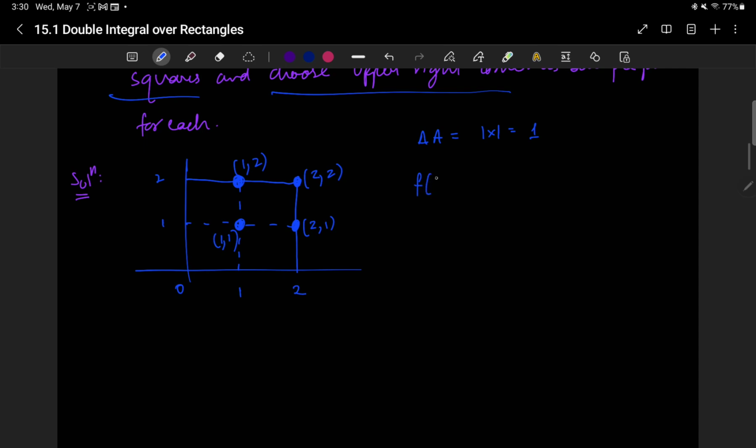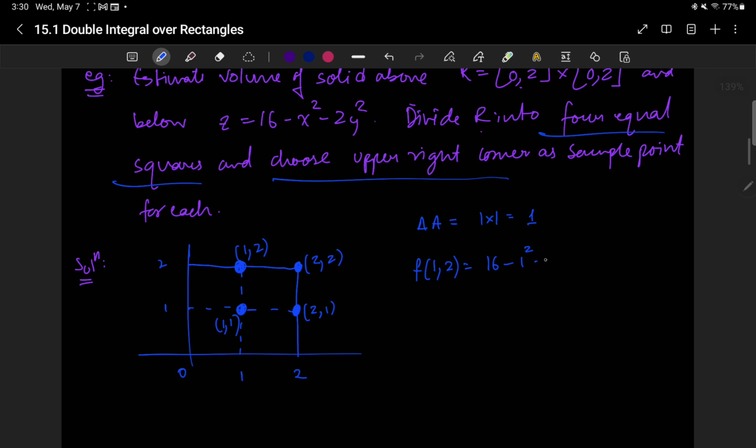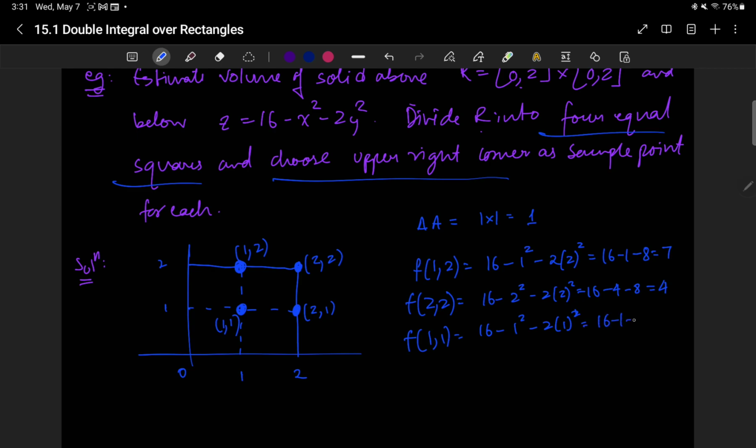And the sample value for each: f of 1 comma 2 is going to be whatever we get when we plug this in. So 16 minus 1 squared minus 2 times 2 squared, which is 16 minus 1 minus 8, which is 7. f of 2 comma 2 is 16 minus 2 squared minus 2 times 2 squared. 16 minus 4 minus 8 is 4. f of 1 comma 1 is 16 minus 1 squared minus 2 times 1 squared, which is 16 minus 1 minus 2, that is 13.